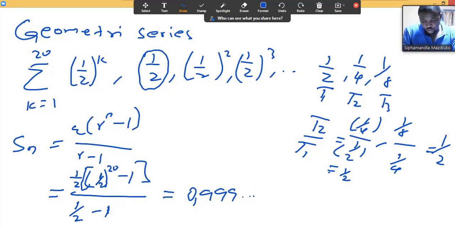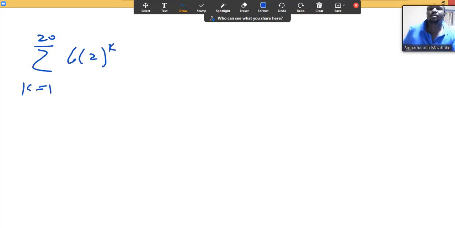Let's try this one, though it's a little bit complicated. We have the summation of k equal to 1 to 20 of 6 into 2 to the power k.